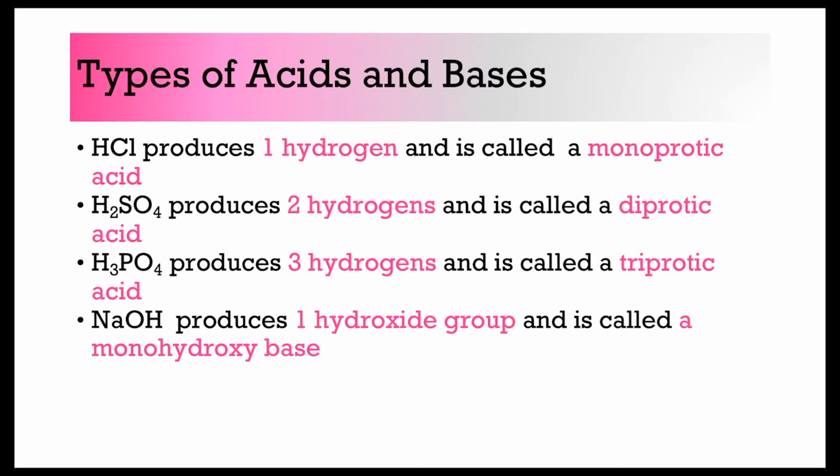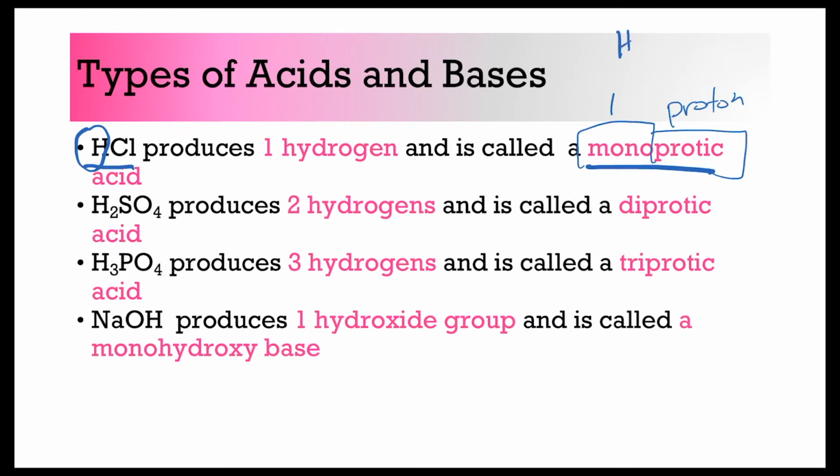Okay, jumping into types of acids and bases. We're still talking about the Arrhenius theory, where acids give off H+ and bases give off OH-, but we can further classify them with different names. HCl gives off one hydrogen. We say it's monoprotic. Mono means one, and protic is talking about a proton.